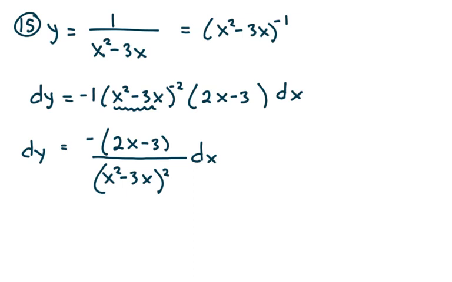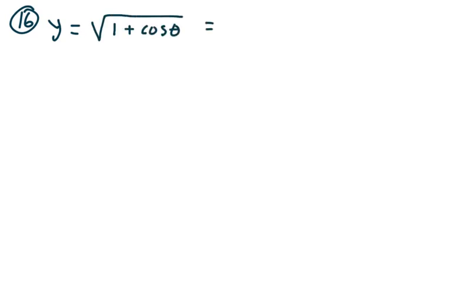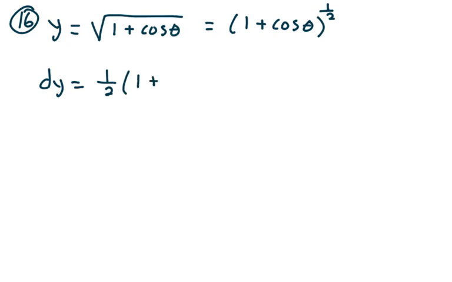If we take a look at 16, suppose y equals the square root of 1 plus cosine theta, which is equal to 1 plus cosine theta raised to the half, okay? And I want dy. So this is classic chain rule. It's half of 1 plus cosine theta to the negative 1/2 times the derivative of the inside function with respect to theta.